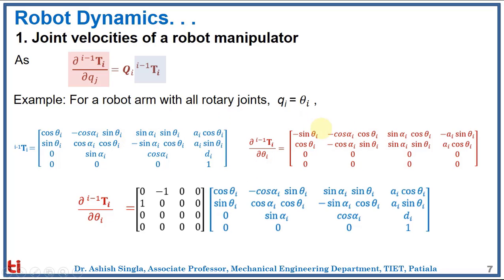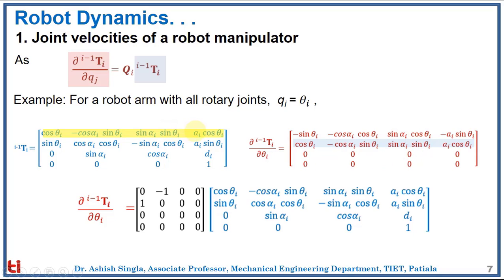Now when we compare these two matrices, we find that the second matrix is actually a multiplication of the first matrix with this term. For example, let us consider the first row of this matrix and the second row of this matrix.